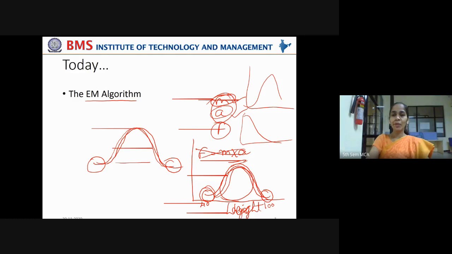Skewed means most of the parameter values are having higher values and very few are having lower values, like that. This is skewed. In some cases, you may get a distribution like this, which is also skewed. It means most of them are having extreme values in this case, and very few are having lesser values. We call these skewed distributions.